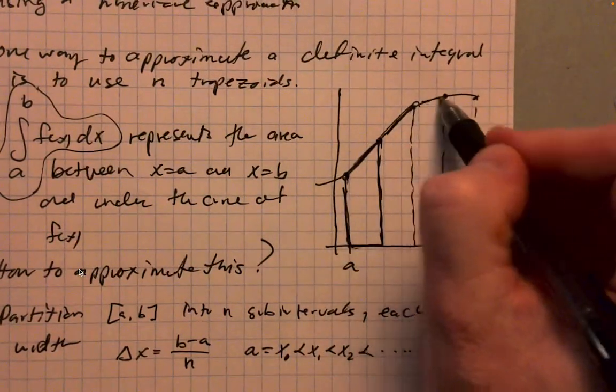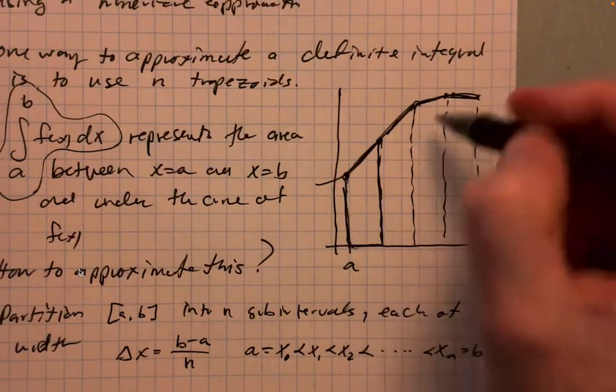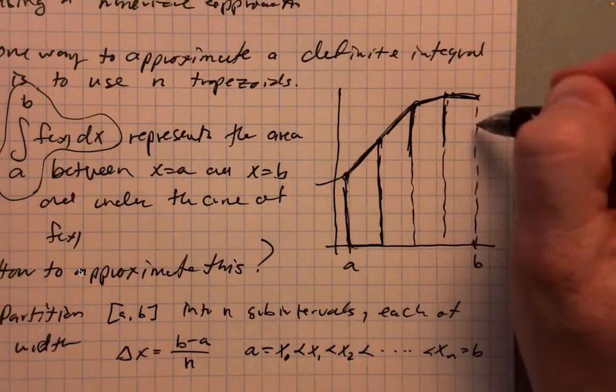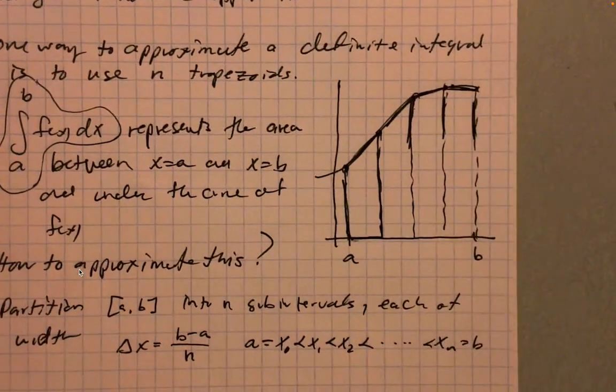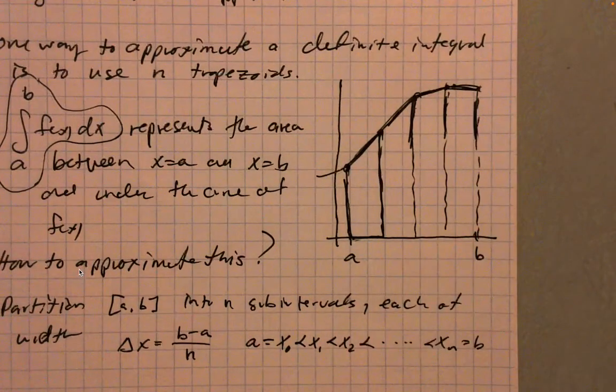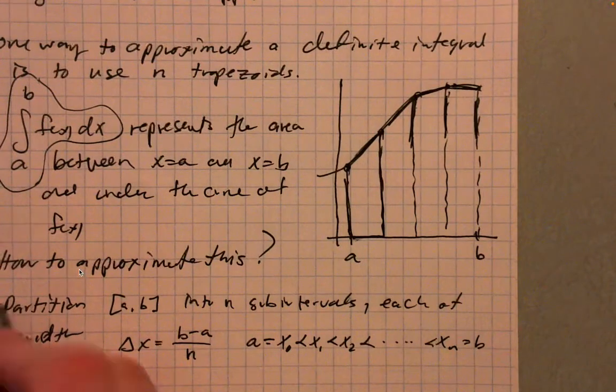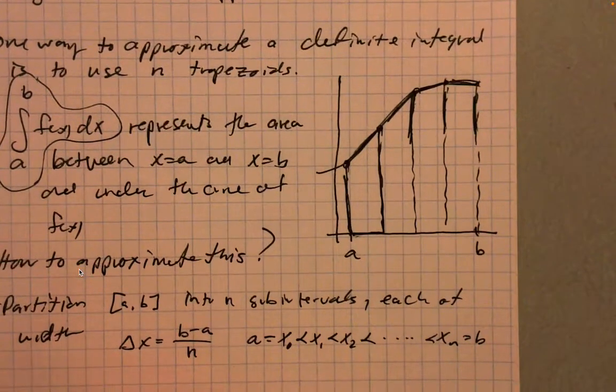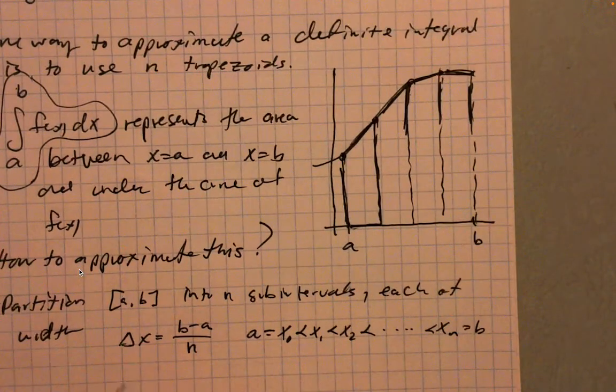Same here, same here. So you've got these trapezoids that are implicitly formed. So step one, generate the partition. Step two, form a trapezoid for each subinterval.